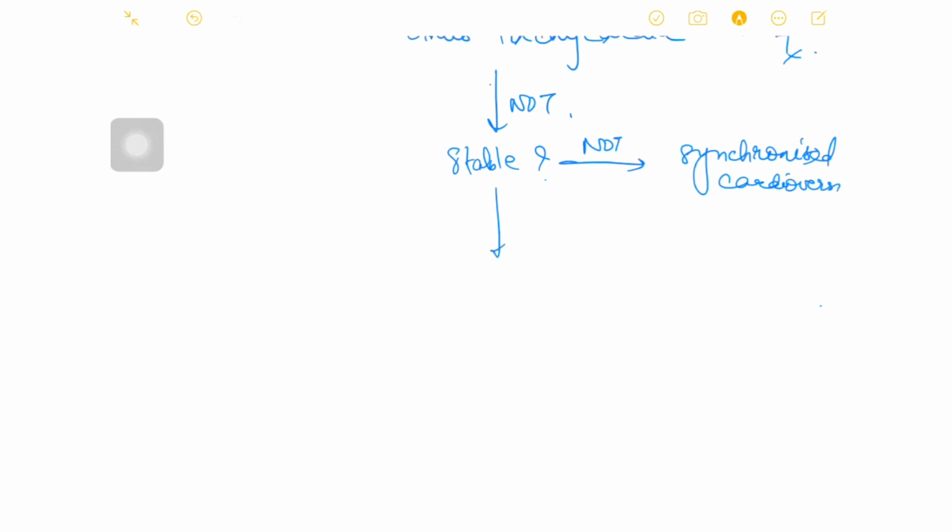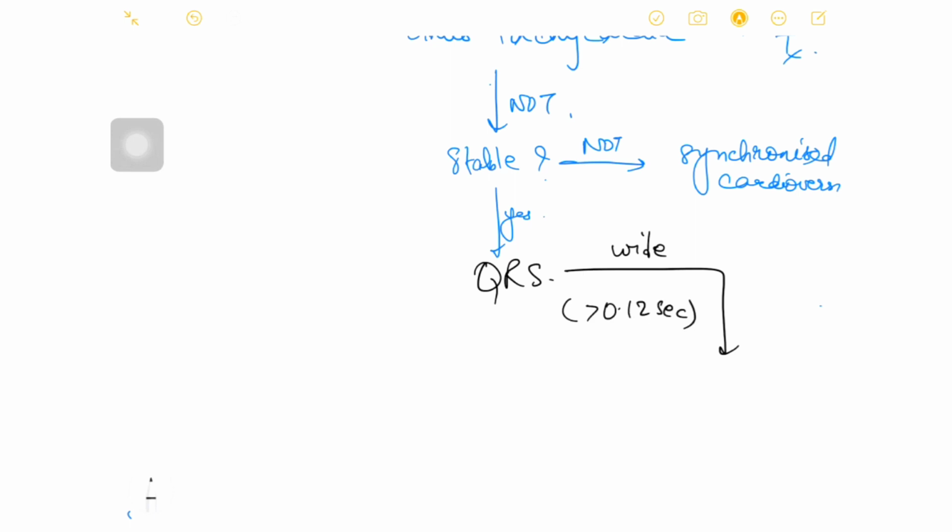If stable, then you do an ECG. You'll check for the QRS, whether it's wide or narrow. If it's wide, then what next? You check the rhythm, whether the rhythm is regular or not.